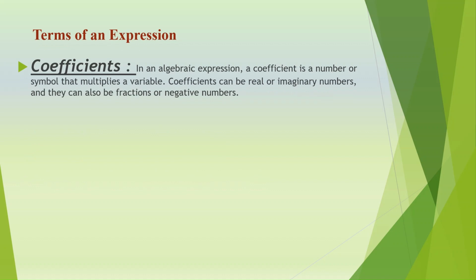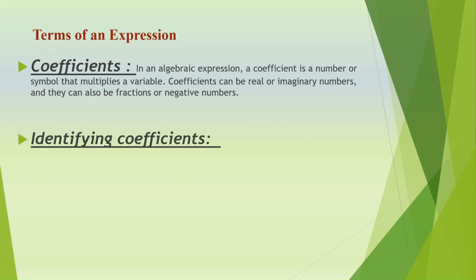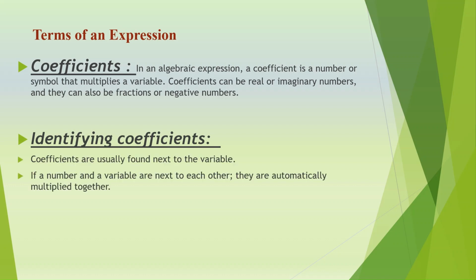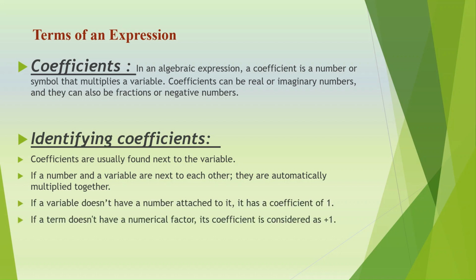Now coefficients can be negative, positive, fractions, real, imaginary, whole, natural numbers. How to identify them? Coefficients are usually found next to the variable. If a number and variable are next to each other, they are automatically multiplied. You saw in 5xy, there was no multiply sign, but they were together. That means multiplication.